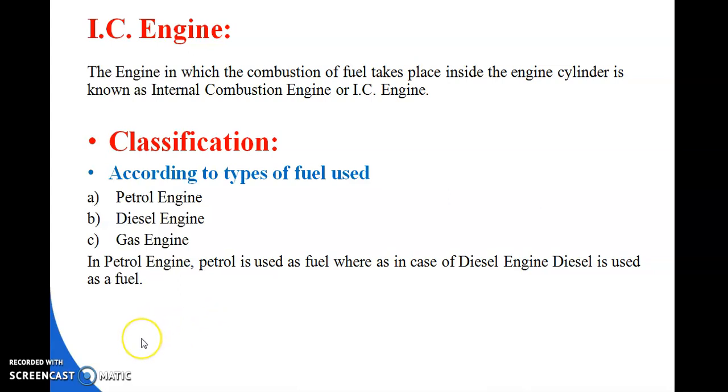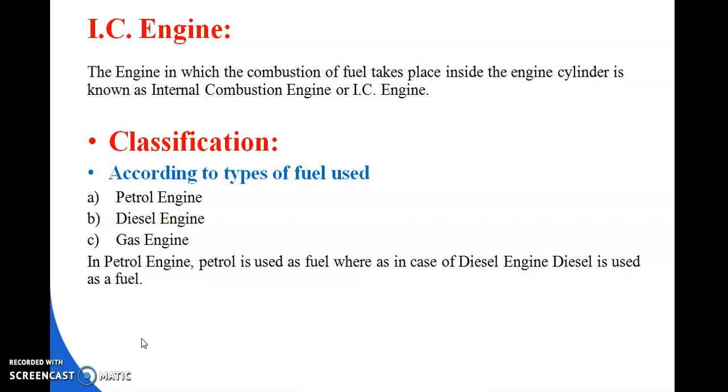In third gear, again the speed will increase and the torque will reduce. And in the top gear, again the speed will increase, but torque will reduce. In this way, by changing the gears, we can get the required RPM and torque at the wheel.